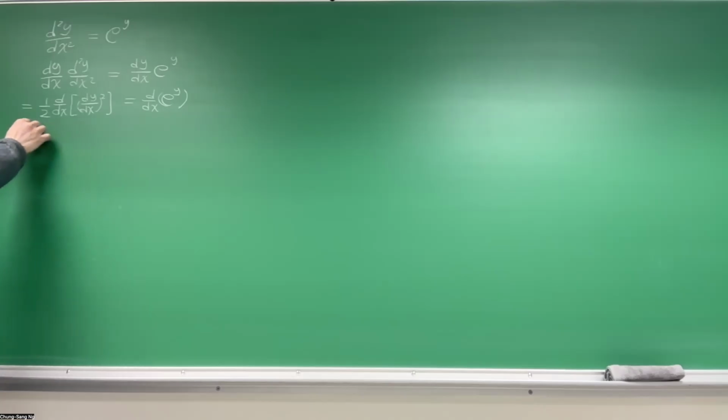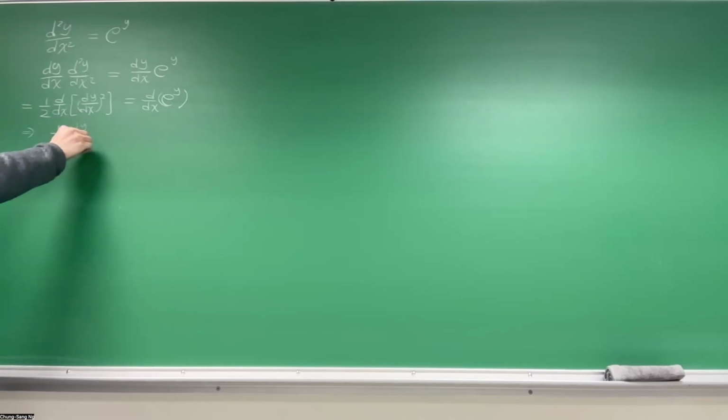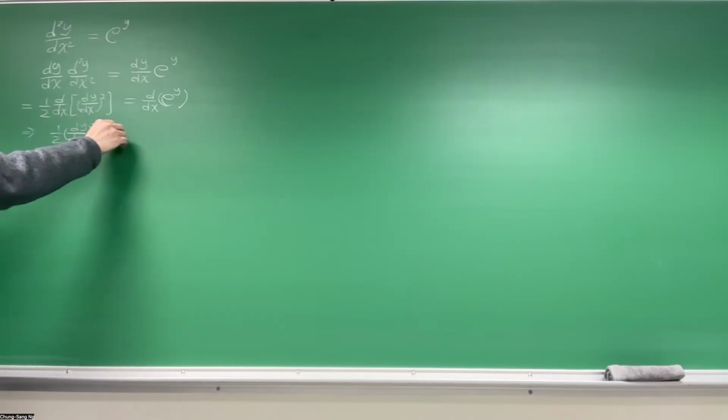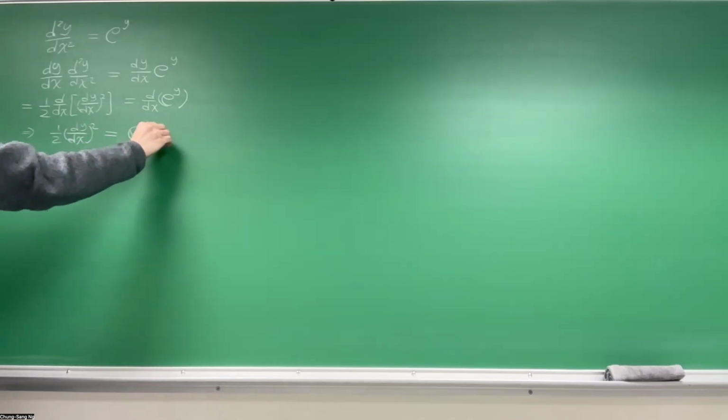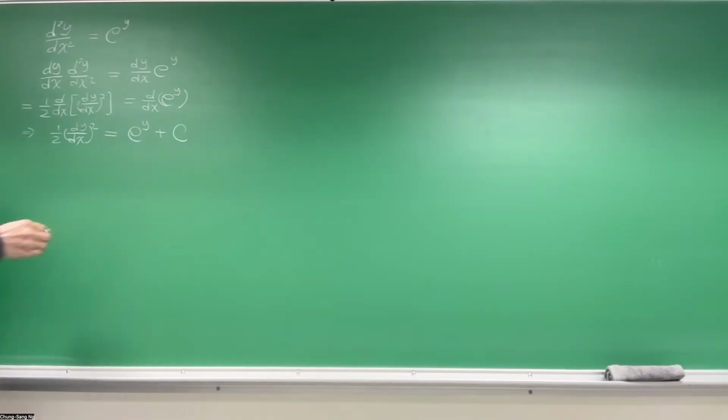So it means one half of (dy/dx) squared equals e to the y plus a constant. This constant is determined by the initial condition and things like that.